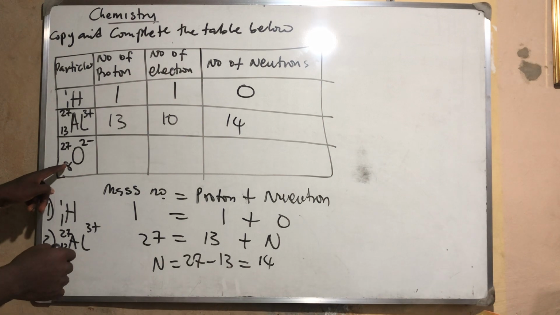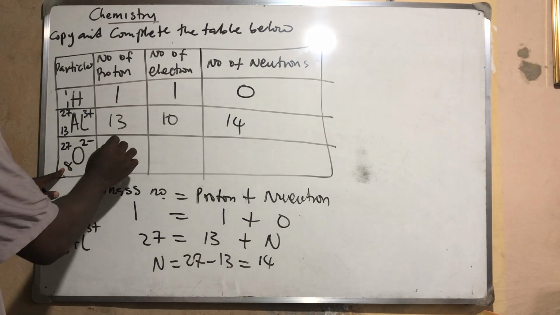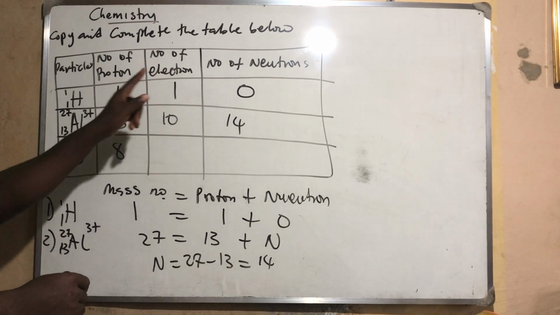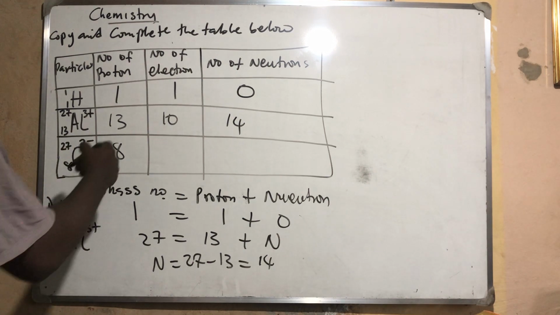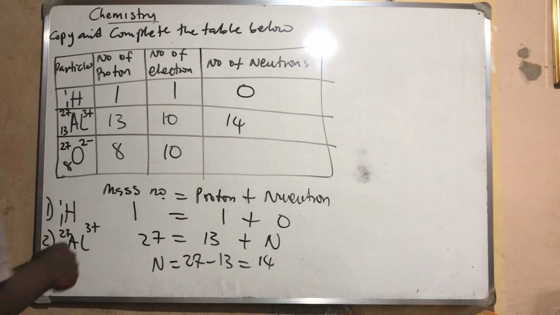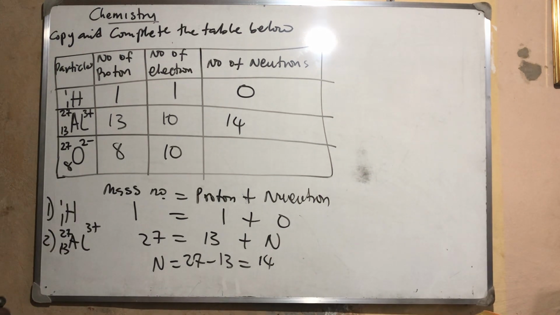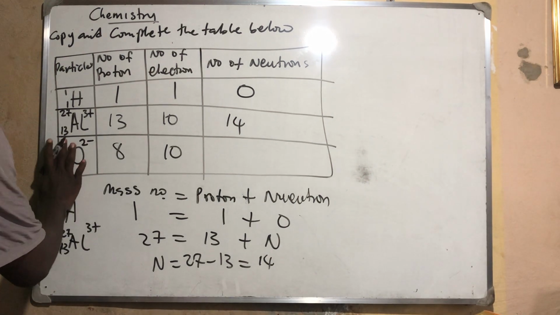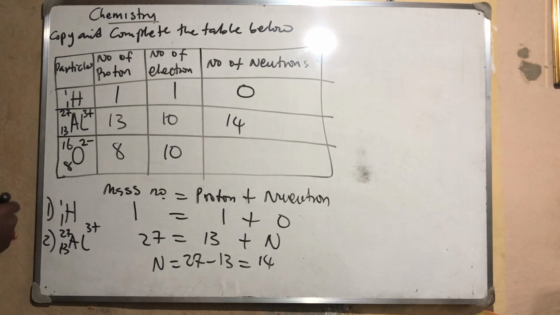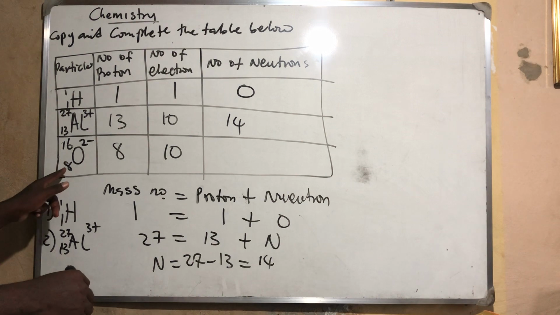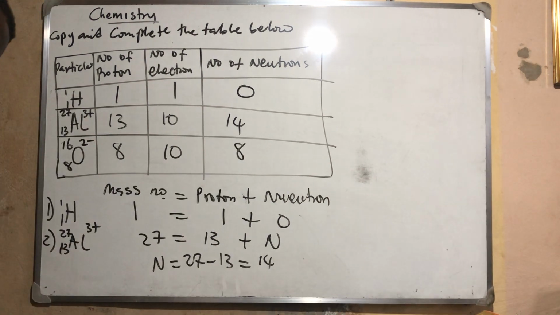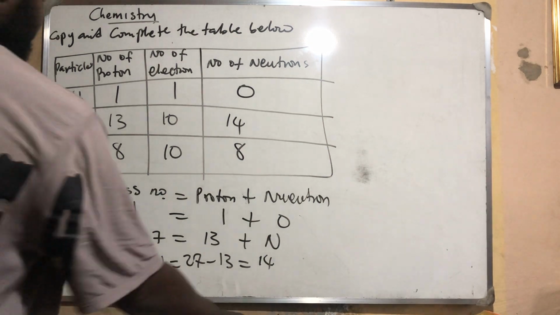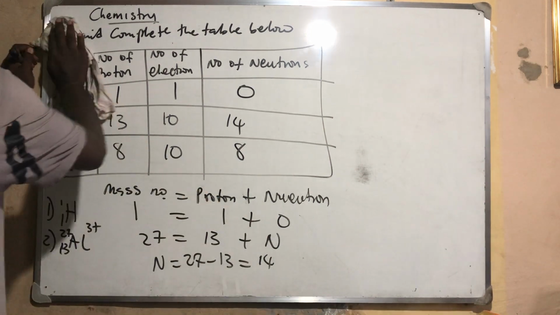So this one now, the atomic number, which is the proton number, is 8. But the electron number here is that he received 2. That is why it is minus 2. So since he received 2, he will now be 10. Sorry, I have 16 here, not 27. So his neutron number will now be the mass number minus the proton number, so we have 8 as well. So that is that. Very, very simple to work, right?